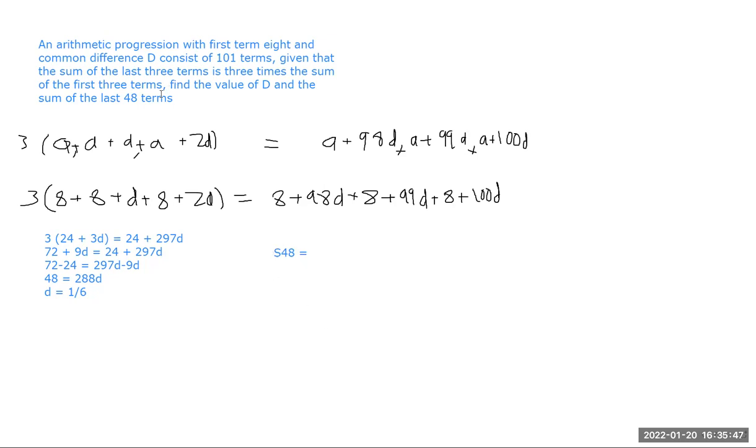They said the last 48 terms. S48 would give you the sum of the first 48 terms.